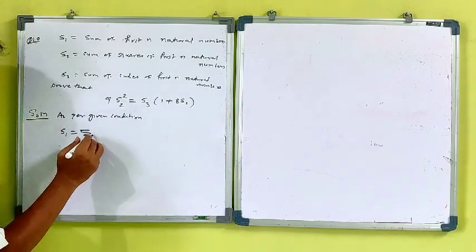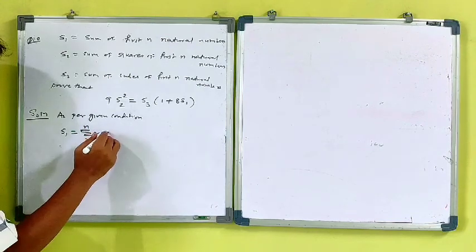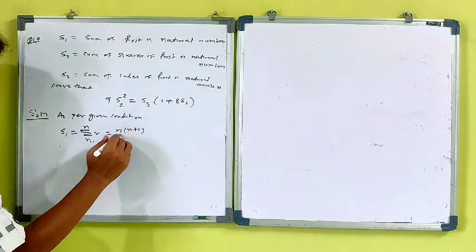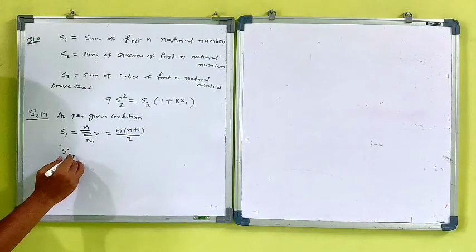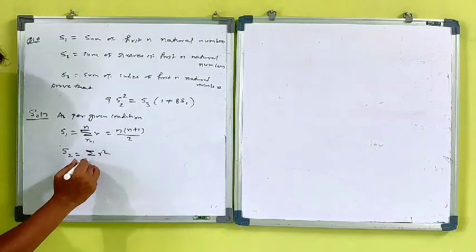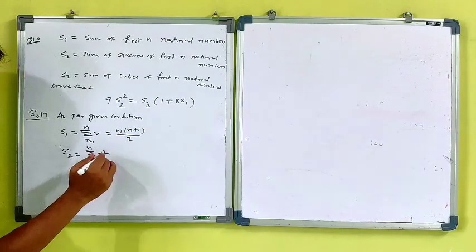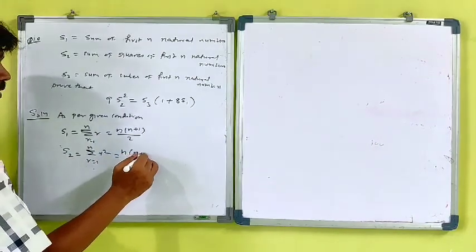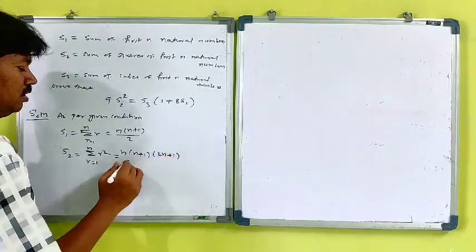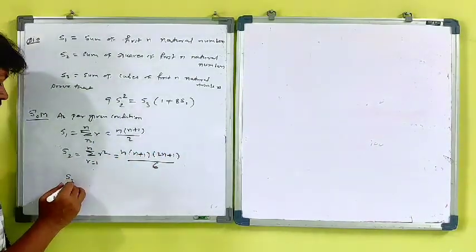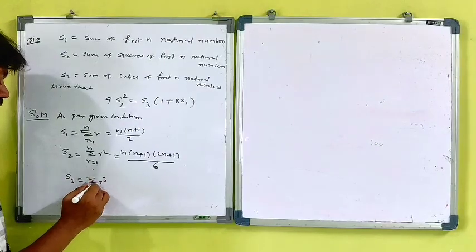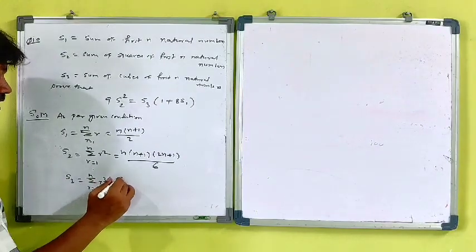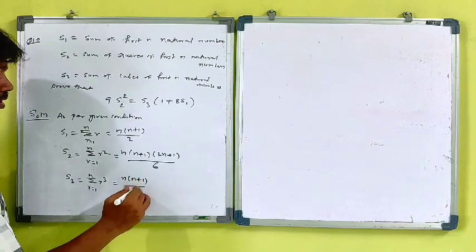S1 is sigma r, r from 1 to n, which is n plus 1 upon 2. S2 is sigma r square, r from 1 to n, which is n, n plus 1, 2n plus 1 upon 6. And S3 is sigma r cube, r is 1 to n, which is n plus 1 upon 2 the whole square.